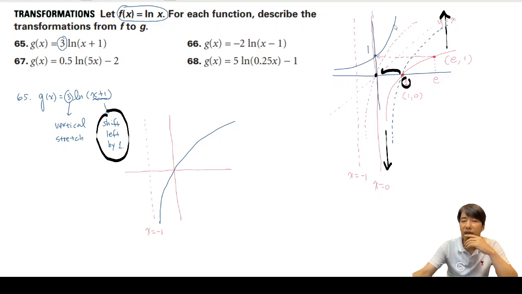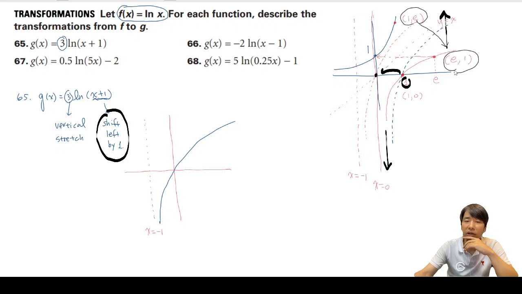In exponential functions, we picked the second reference point at 1, e. Since natural log is the inverse of the exponential function e to the x, we switch x and y, then we get this. So 1, e becomes e, 1.